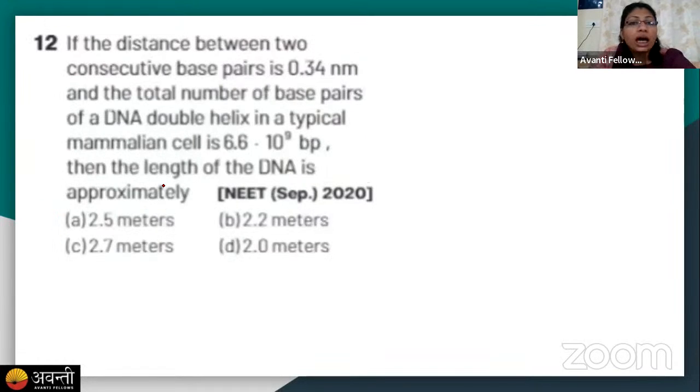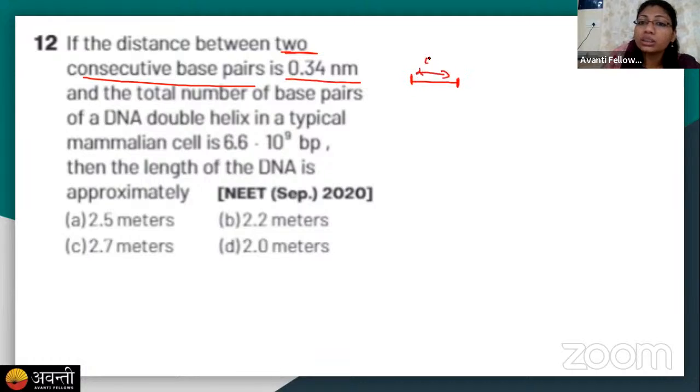Now here is the next question. If the distance between two consecutive base pairs, that is, base pairs adjacent to each other, is 0.34 nanometer, and the total number of base pairs of the DNA double helix in a typical mammalian cell is 6.6 into 10 raised to power 9 base pairs, you have to find out the length of the DNA.